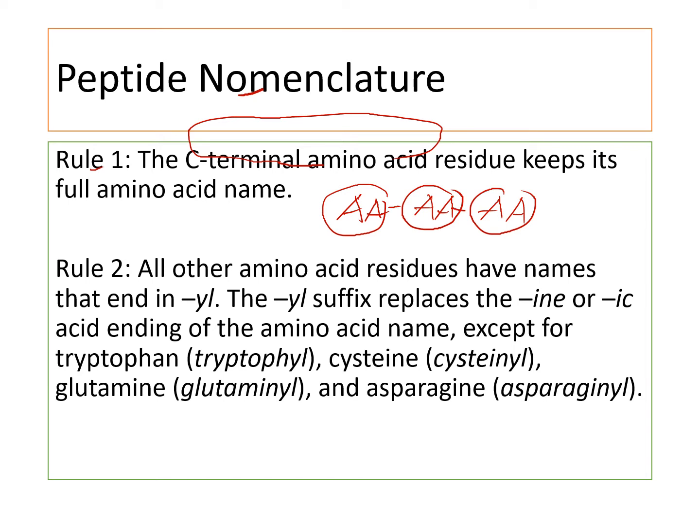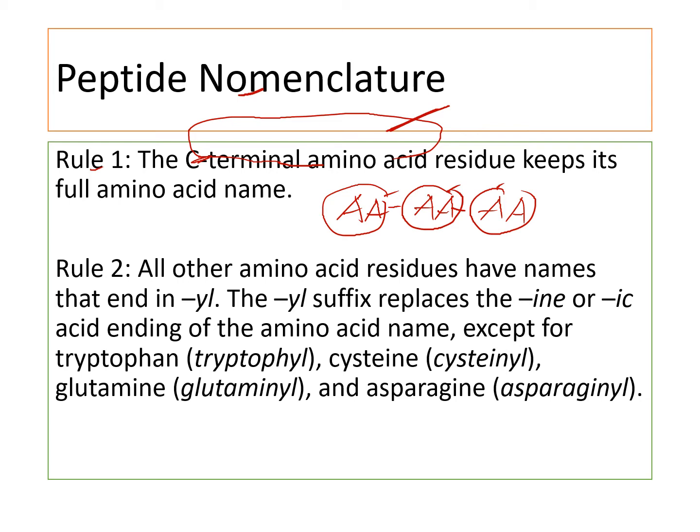Now, which of the 3 amino acids here is known as the C-terminal amino acid? Very easy. All we have to do is to locate the amino acid that still has the carboxyl group in its structure.